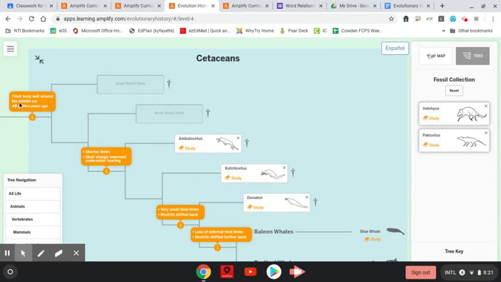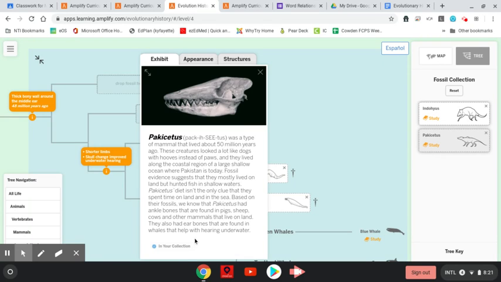Alright, so I'm going to go up here and look at this. It says thick, bony wall around the middle ear. Thick, bony wall around the middle ear. I'm going to click the study and see. This also has ear bones that are found in whales. Maybe that guy will be my next one.